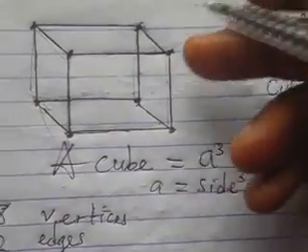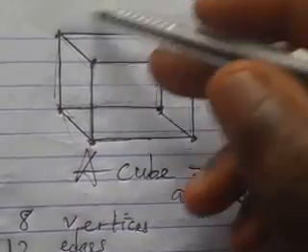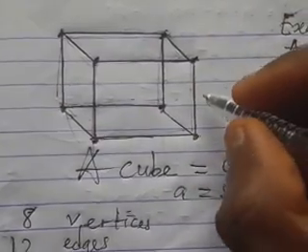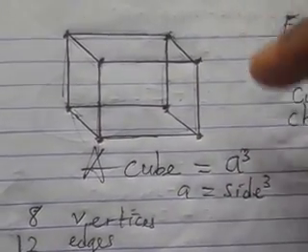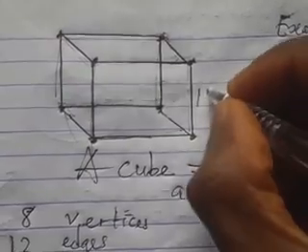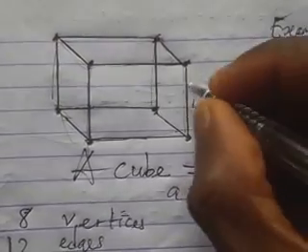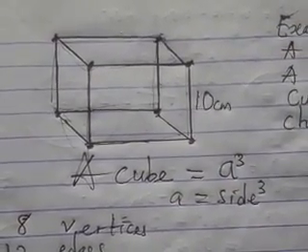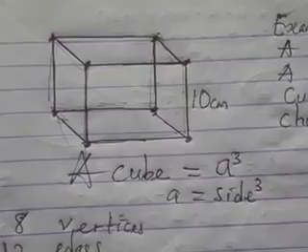So if I give you a question now, find the volume, not area, of this cube, where this particular side is 10 centimeters, this particular side is 10 centimeters, that means all sides are 10 centimeters because a cube is like a square.